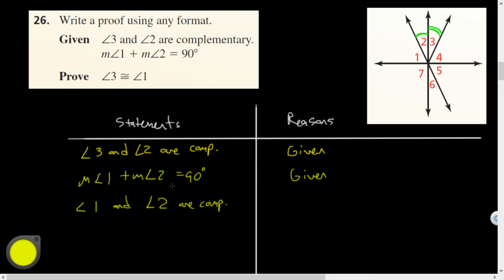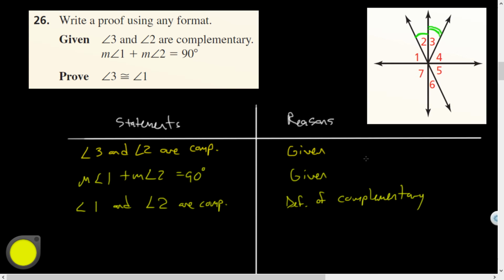Why do you think that's true? That's going to be true because of the definition of complementary angles. If their measures add up to 90, then the angles are complementary. So this is the definition of complementary angles.